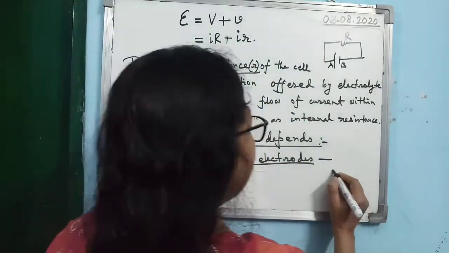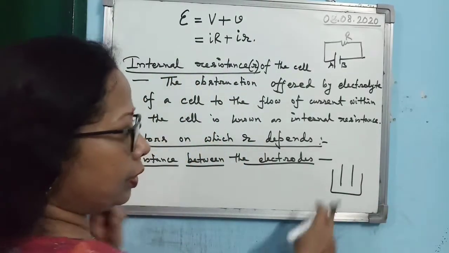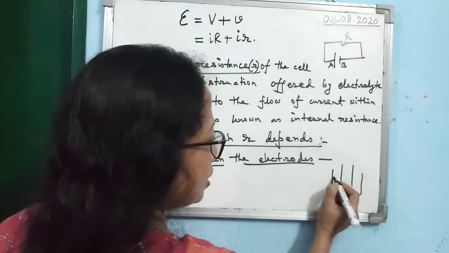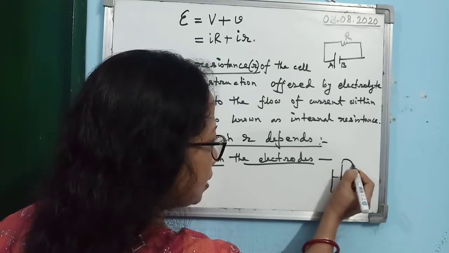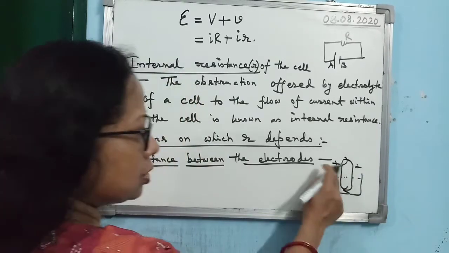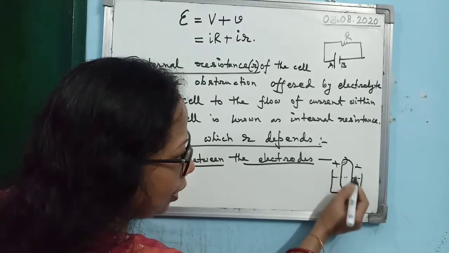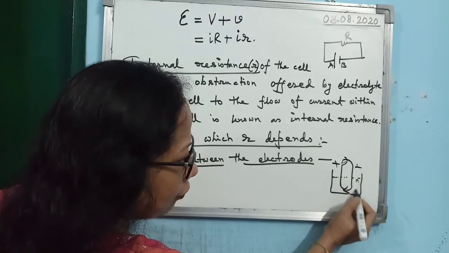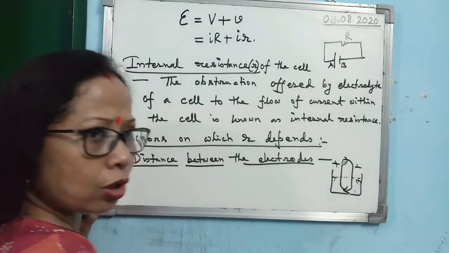So, how does it depend? Just try to remember how the electric cell works. If there are two different metals dipped in the same electrolyte, then this is the flow of current between the positive terminal and the negative terminal. When the current is flowing through the cell, through this portion of the electrolyte the current is not flowing.